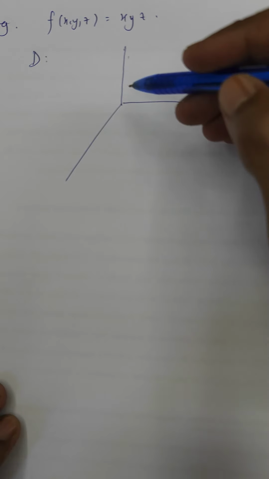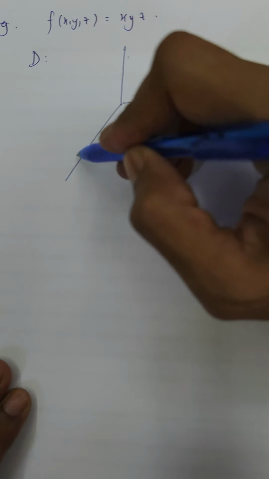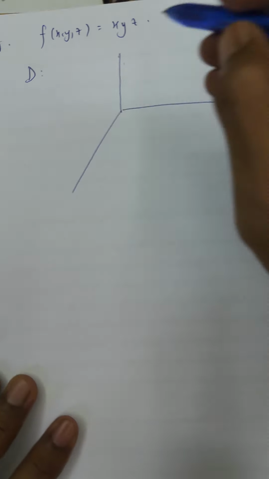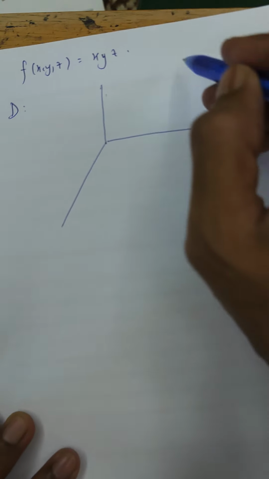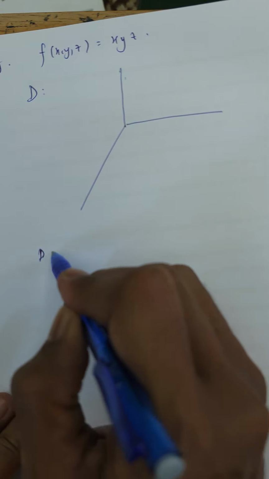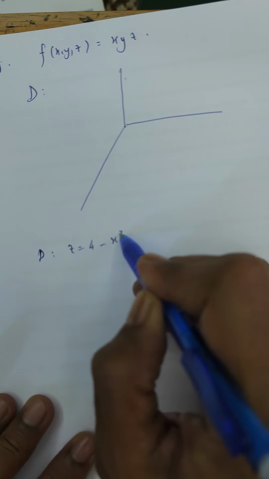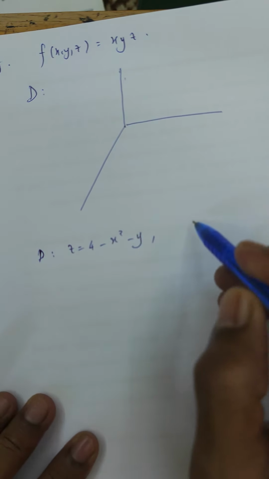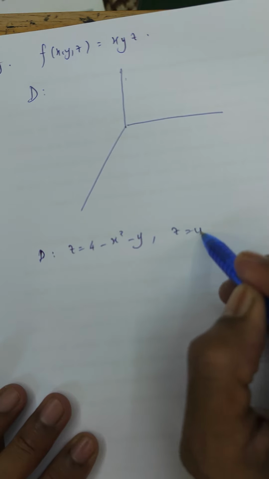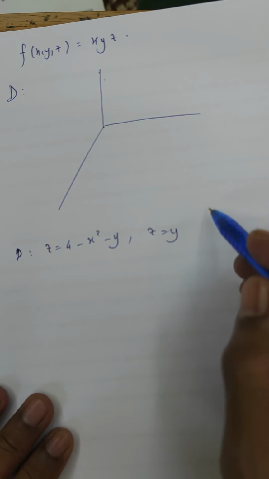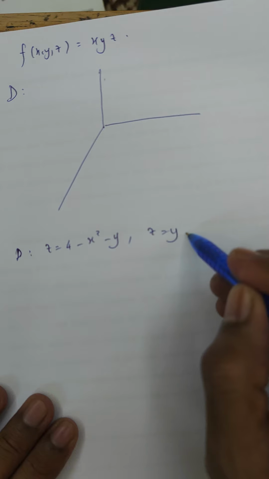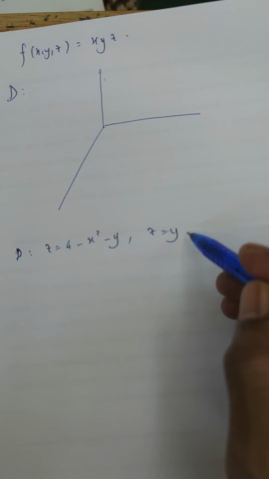So let me write that our region D: z is 4 minus x squared minus y, and z equal to y.